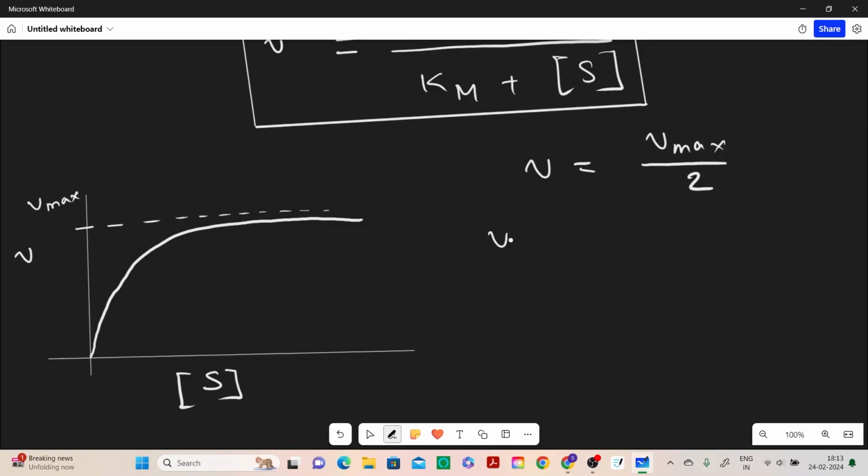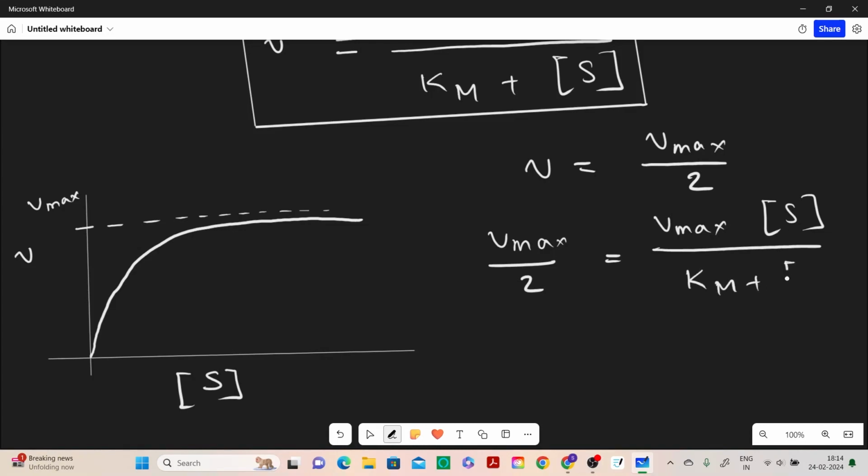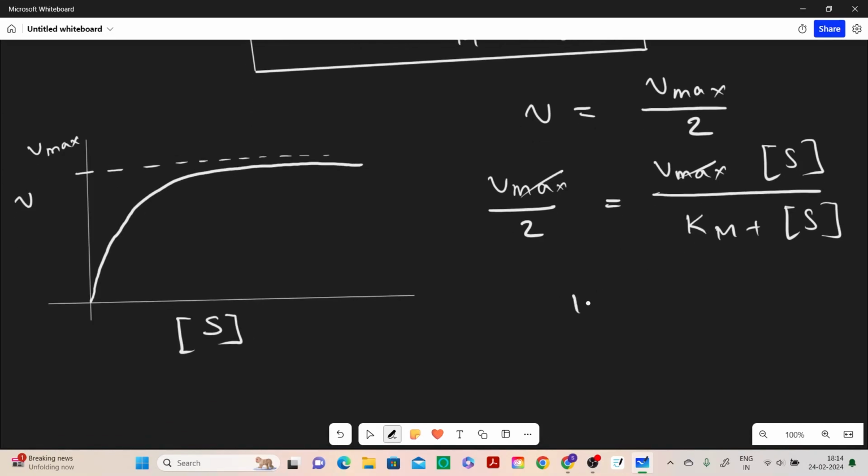So we can write V max by 2 is equal to V max into S divided by Km plus S. This cancels out, and what we find is Km is equal to S. So suppose this is half of V max, this thing over here is Km.